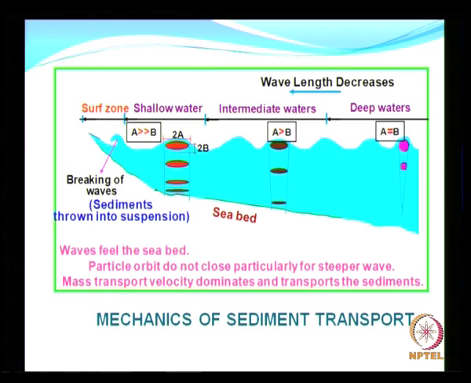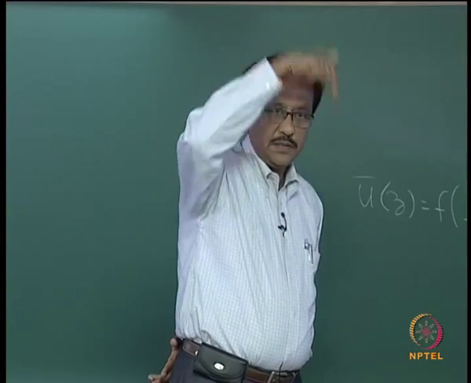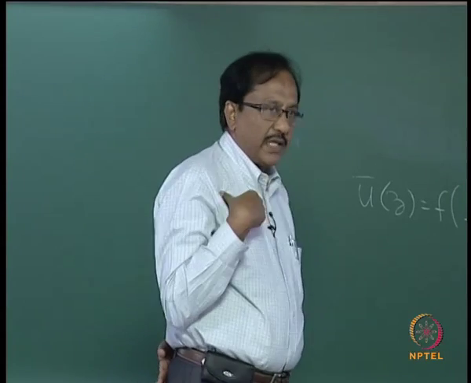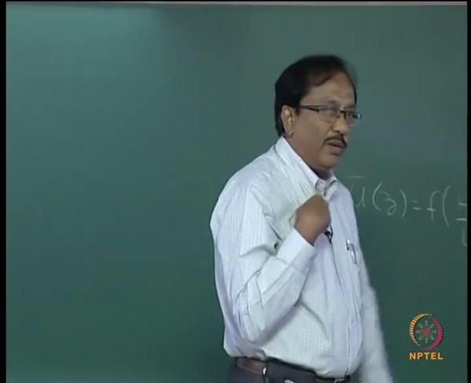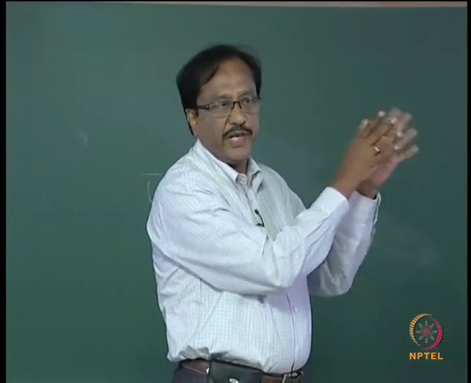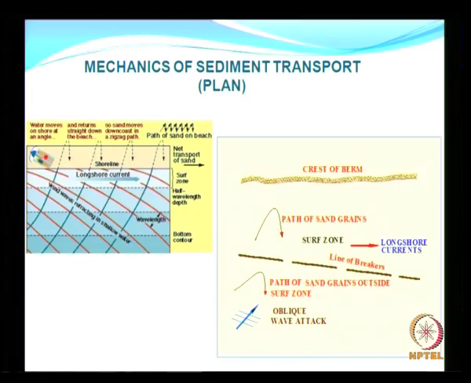Now, this is as far as the elevation is concerned. Now, we will look at it in plan. What we have understood right now is how the sand from the seabed has come to the surface somewhere near the breaker zone, that is very clear. Then what happens? How does the sand move?